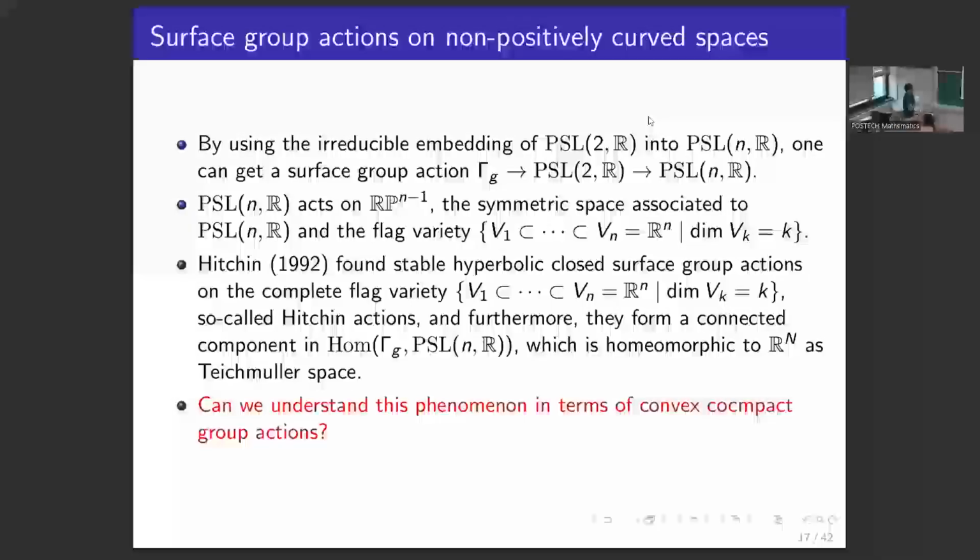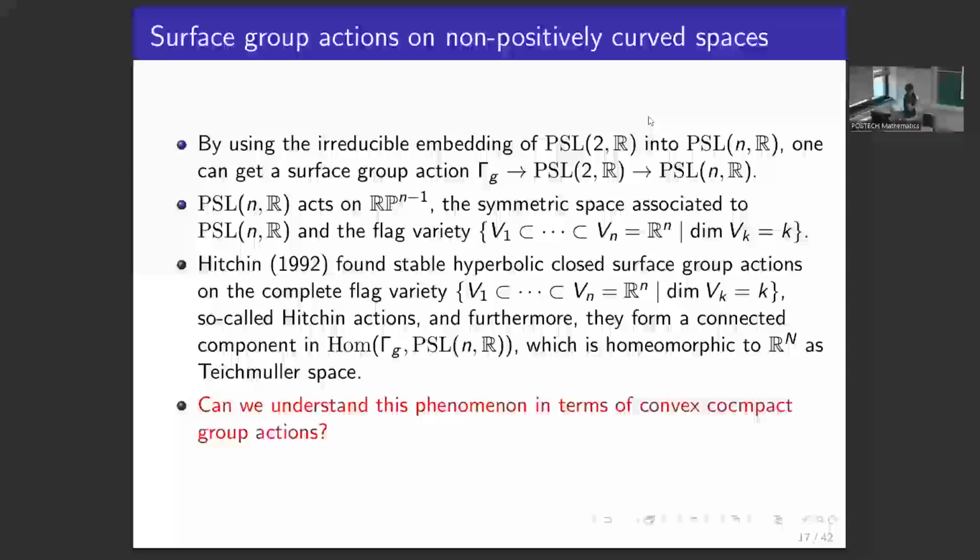Okay, and he also proved that the Hitchin actions form a connected component in the homomorphism space of the surface group into PSL-NR. So this is a kind of generalization of Teichmüller space. Okay, so in the rank two case, Hitchin's result gives Teichmüller space there. He generalized Teichmüller space to higher semisimple Lie groups.